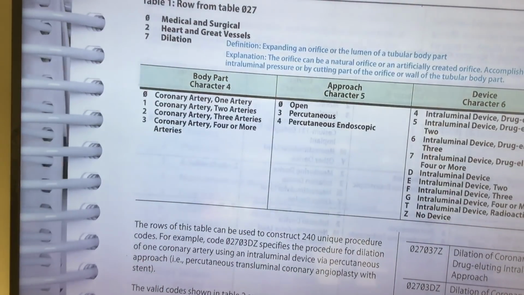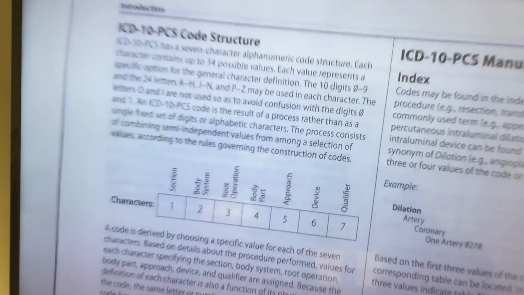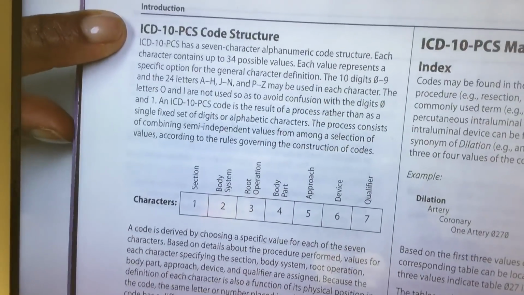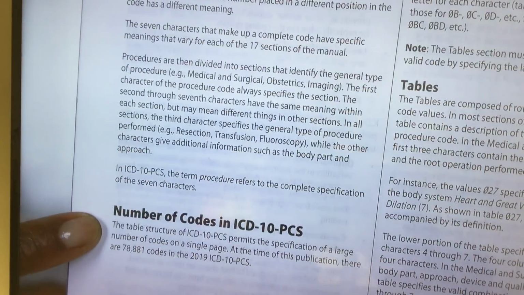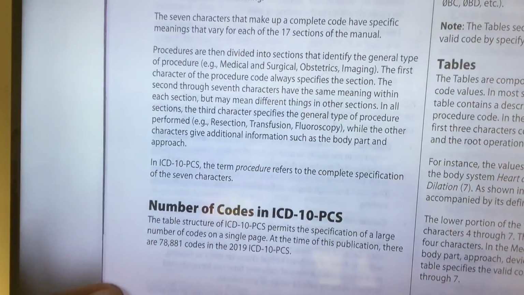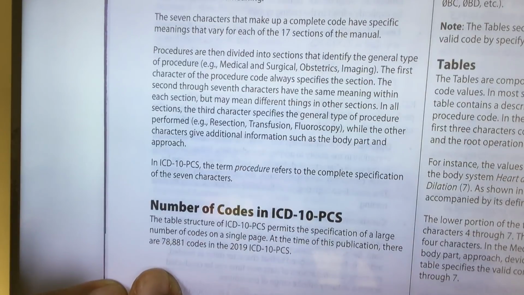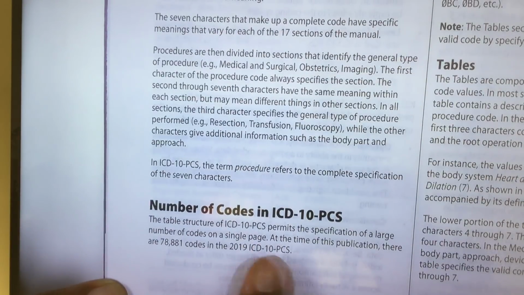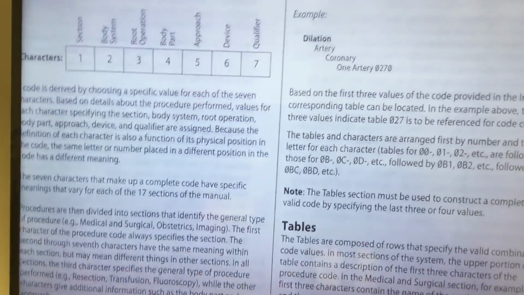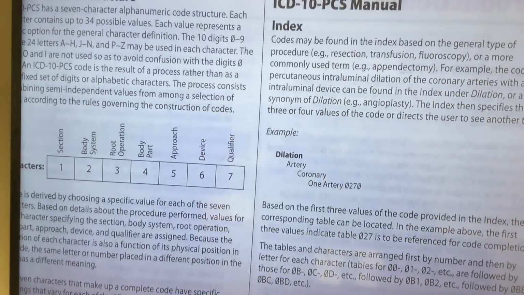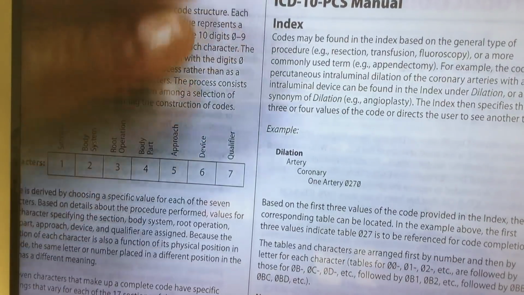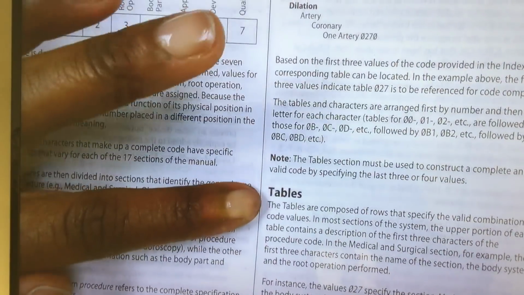After that, you go into other areas, such as the code structure, the number of codes, and in 2019, we have a whopping 78,881,000 codes for 2019. After that, the introduction goes into the index and why we use the index. It then goes into the tables.